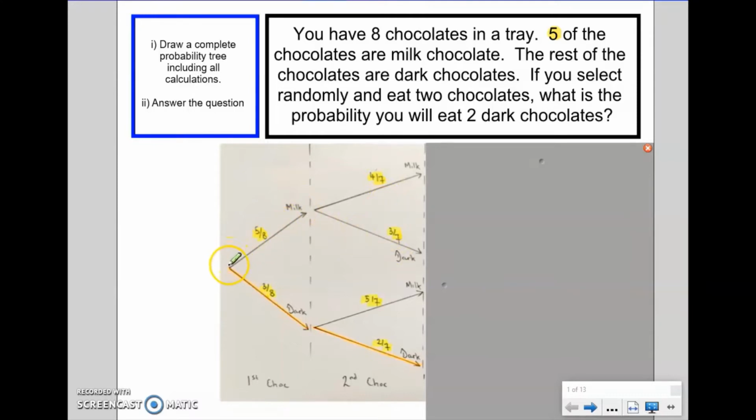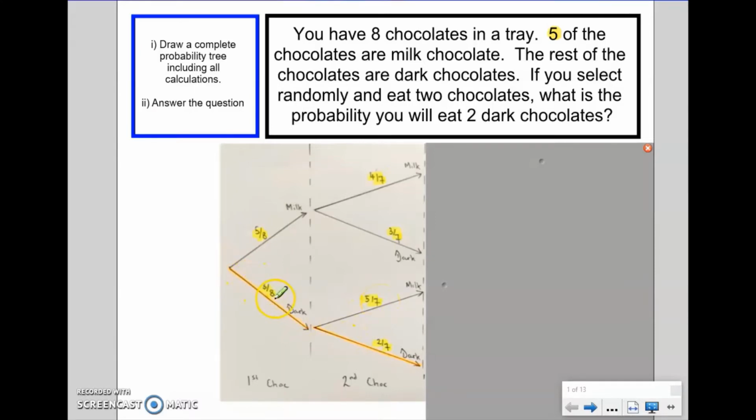The other option of what could have happened first was that I could have chosen a dark chocolate. So let's assume that I did choose and eat a dark chocolate. For my second pick, the probability of choosing a milk chocolate, I still have 5 milk chocolates, but I have 1 less chocolate in the tray altogether. That's where my 5 out of 7 comes from.